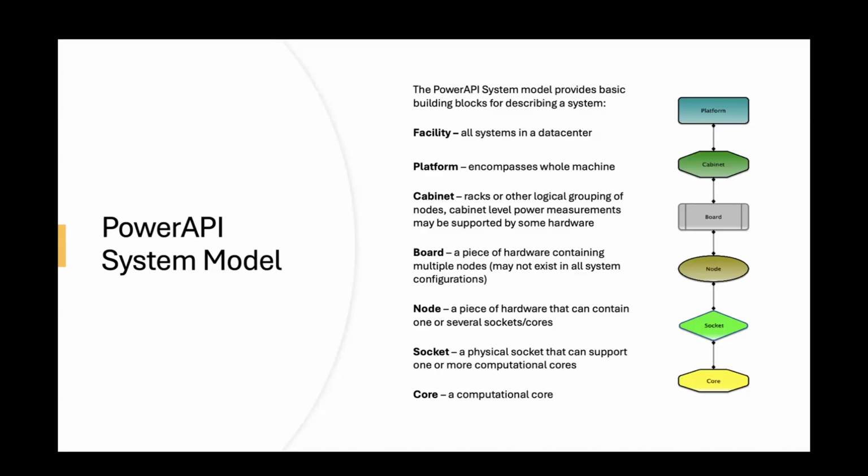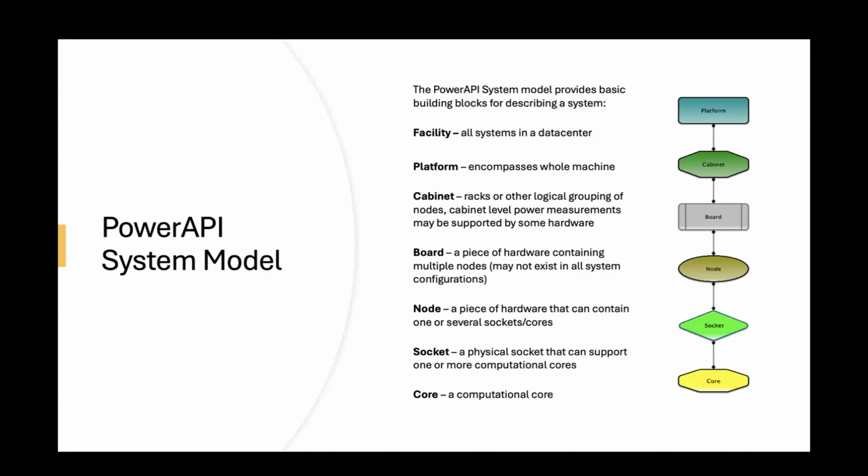And these are things that we guarantee exist so that you can programmatically move through the system. There may be no concept of a board, for instance, in this system. So when you ask for the child of a cabinet, you may get many nodes instead of independent boards. But we guarantee that some of these objects exist in this particular order.